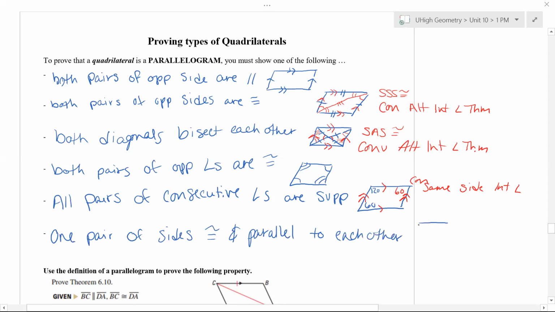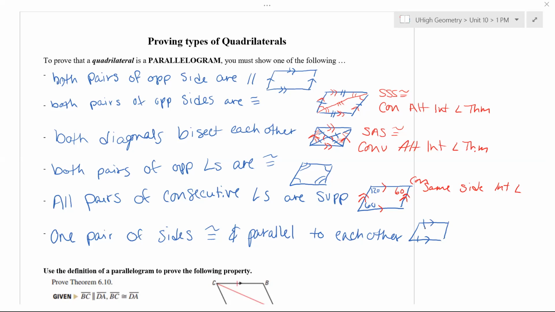So if I draw a parallelogram, I'm going to have one set of sides parallel and that same set of sides congruent. And that is enough to prove that a quadrilateral is a parallelogram.